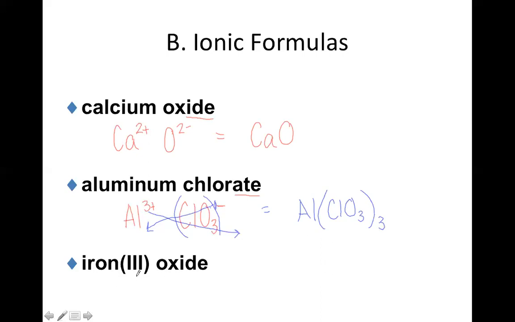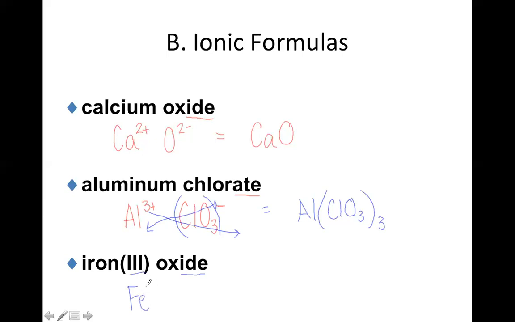All right, and then this next one here, we have iron 3 oxide. So we know it's an ionic compound because iron's a metal. Oxide, IDE, tells us it's one type of atom. So oxygen is a nonmetal. So metal non, therefore ionic. So iron is Fe.